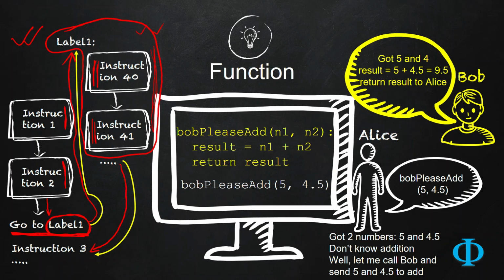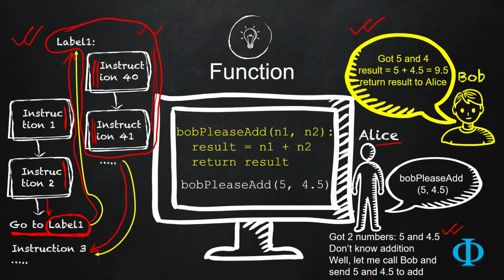So that's the function. Now the situation can be easily visualized by using this simple scenario in the right hand side picture. Let's say you are Alice. Then you got two different numbers, 5 and 4.5, and for some reason you have to perform addition of those two numbers. That is, you have to just add 5 plus 4.5. But for some reason you do not know how to add two numbers.